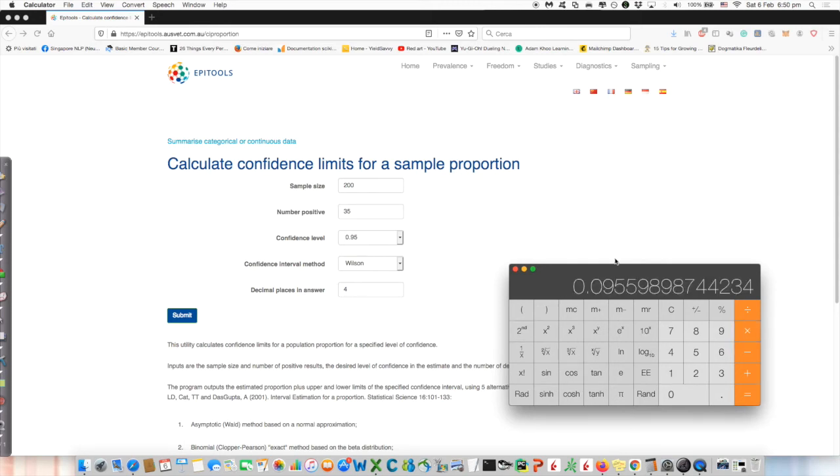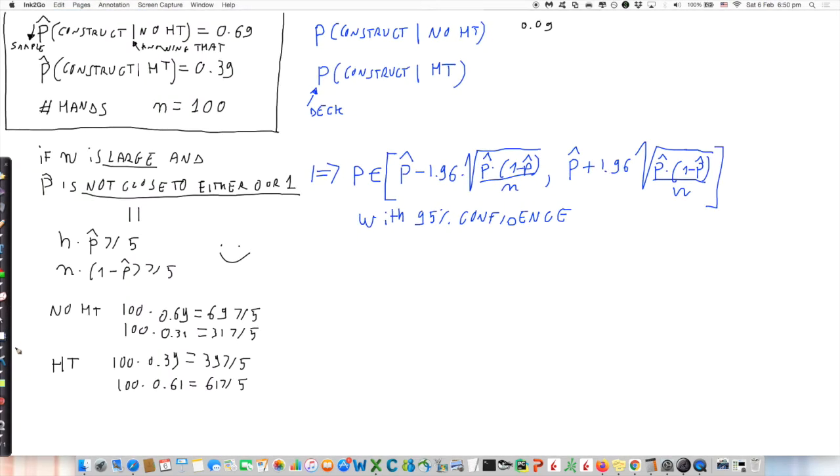Now we have 0.1, basically, if we approximate, right? 0.1. So we can go back here, and you see the results are similar. So here we have 0.1.